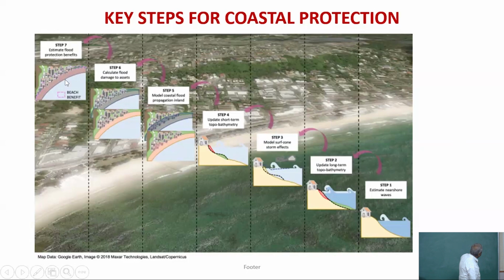After going through this, you try to estimate the kind of risk involved. The risk may be everywhere, but we cannot protect the entire coast because we do not have that kind of money. So you have to assess the importance of the coast, and then you decide what kind of protection measure you can apply.